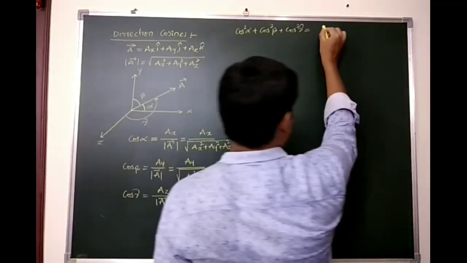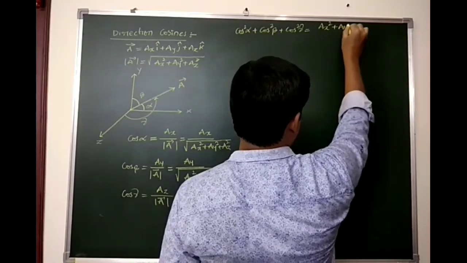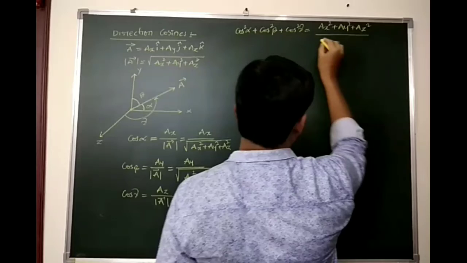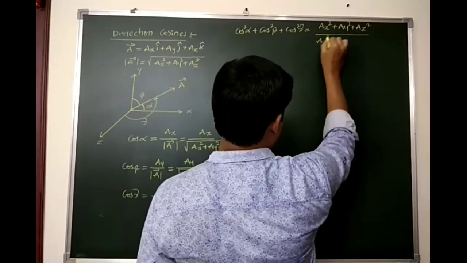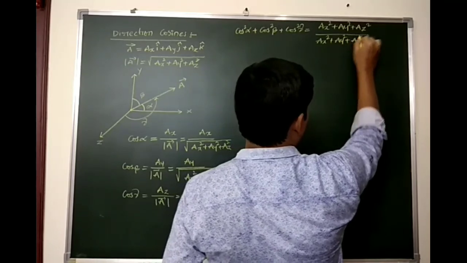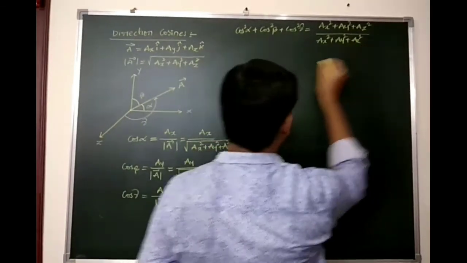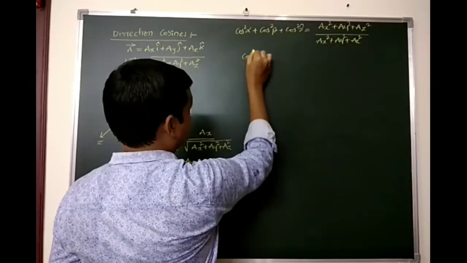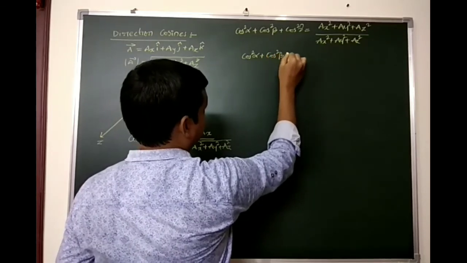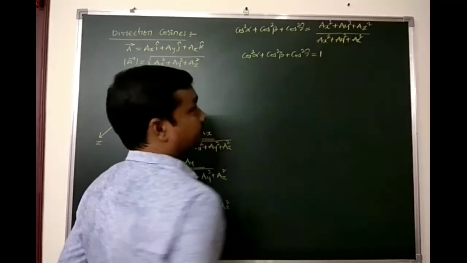So we get the numerator Ax square plus Ay square plus Az square, because the denominator remains the same throughout. If you take the LCM, you get this. After taking the LCM, this is the value. So cos square alpha plus cos square beta plus cos square gamma is equal to 1.